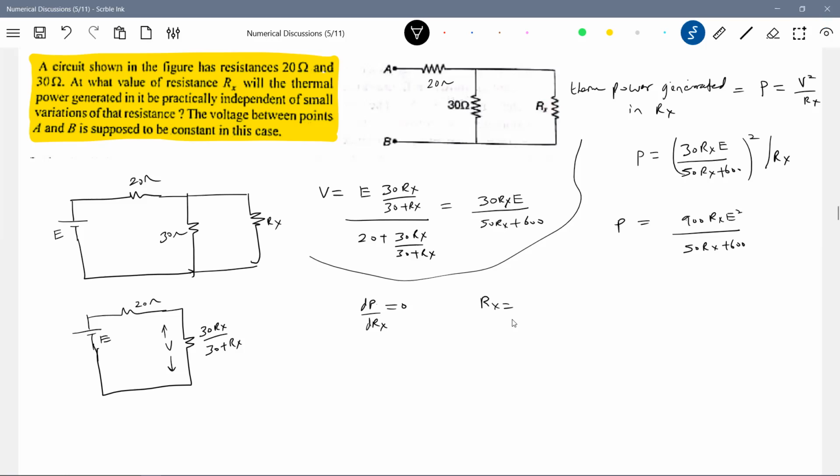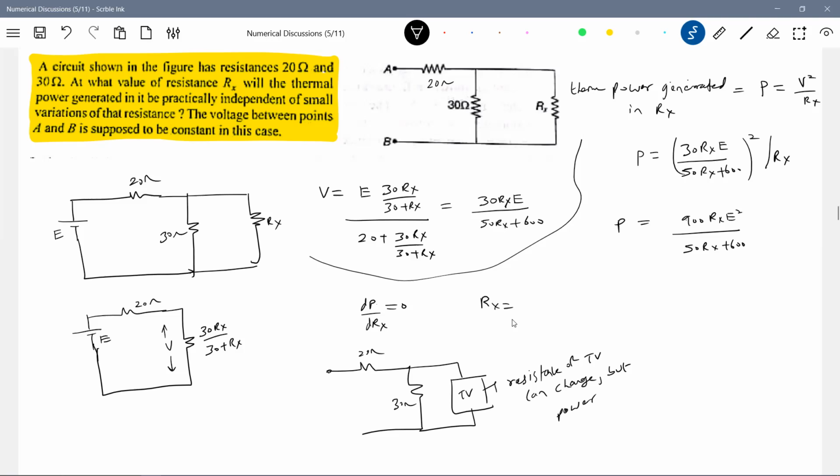This is how the design will go. This is the equipment, you can say, like a television. The resistance of the TV can change, but the power dissipation remains the same.